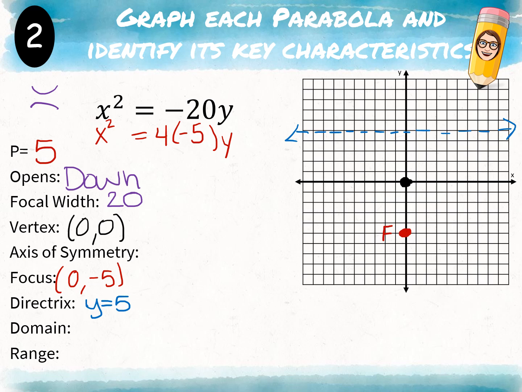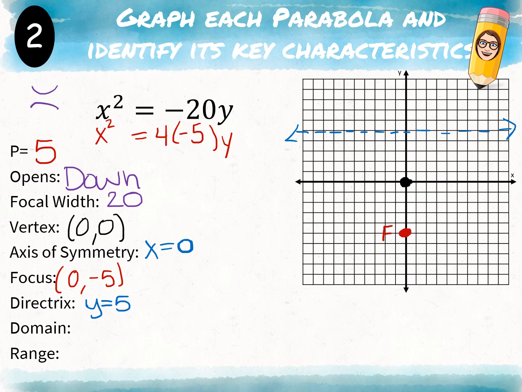Axis of symmetry. Axis of symmetry is what slices my parabola in half. And it'll always be the opposite value of the directrix, meaning if my directrix is y equals, my axis of symmetry is x equals, and today only, it will be 0. Let's draw my parabola here. We need a shape to go off of. And so my focal width is 20.